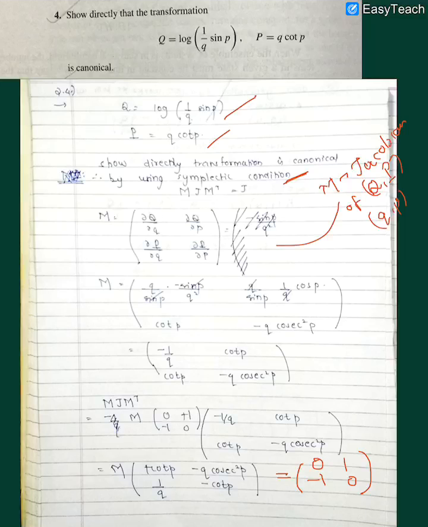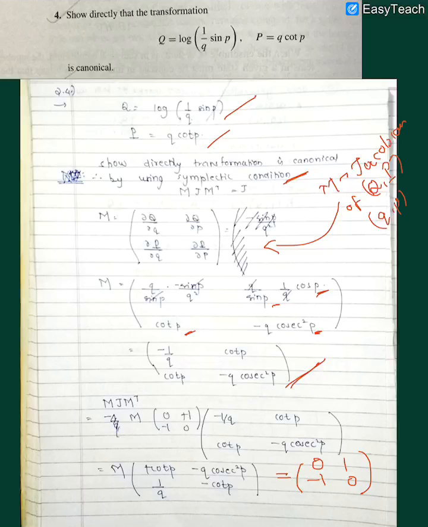This Jacobian is defined by the partial derivatives, and once we put the values of capital Q and capital P in place and take the partial derivatives, we will have a matrix: minus 1 by q as the 1,1 element, the second is cos p by sin p, that is cot p, again a cot p in the 2,1 position, and finally minus q cosec square p.